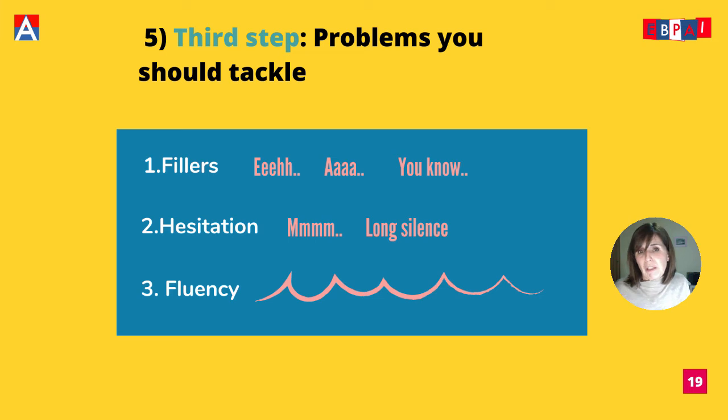When you are giving a speech, many times you use words that help you to think of the next word. And this word in Spanish is words or sounds. Many times I hear this "o que", some kind of noise that helps the brain to look for the right word.